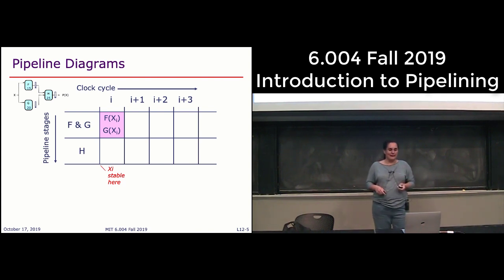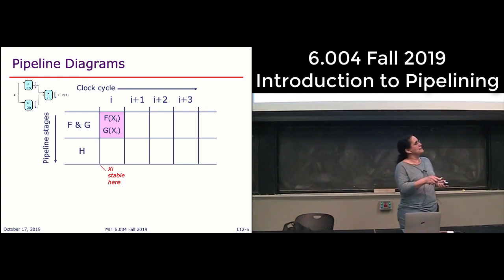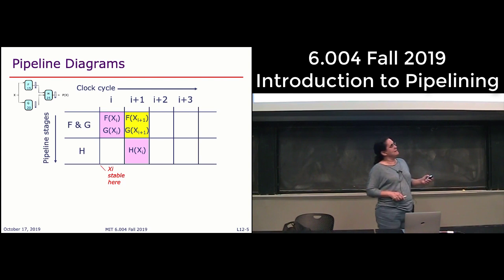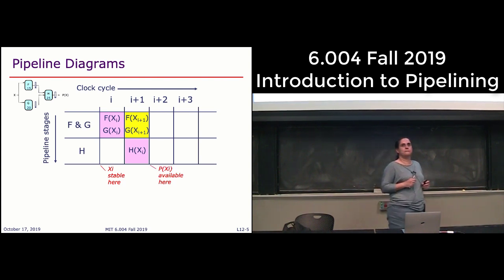Okay, so once that cycle completes, then the outputs of F and G can proceed into H. So basically, we're going to be working on input X sub I at cycle I plus 1. It's going to enter the H module. And then at the end of that cycle, the output associated with this input is ready, right?